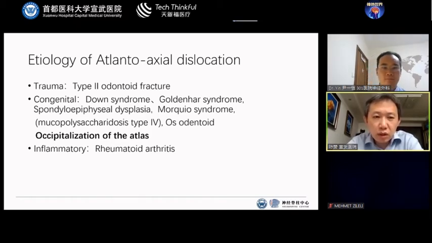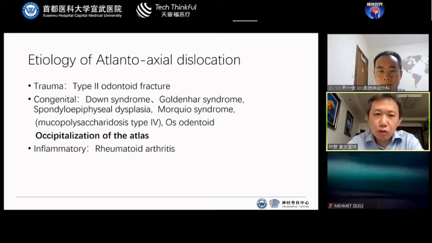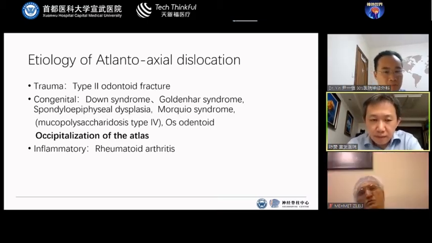Also, some congenital diseases, such as Down's syndrome, os odontoideum, or occipitalization of the atlas, are common. The patient may suffer C1C2 dislocation. Also, some inflammatory diseases, such as rheumatoid arthritis, may lead to C1C2 dislocation.